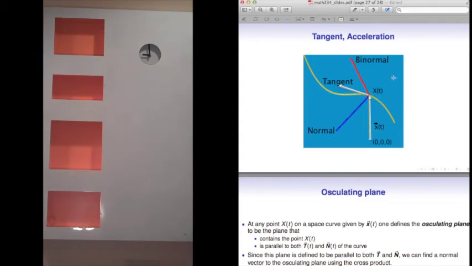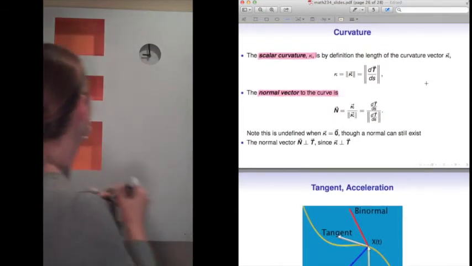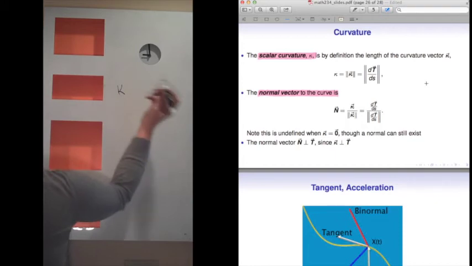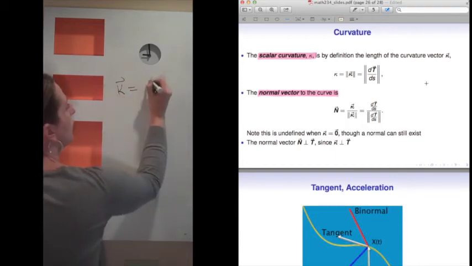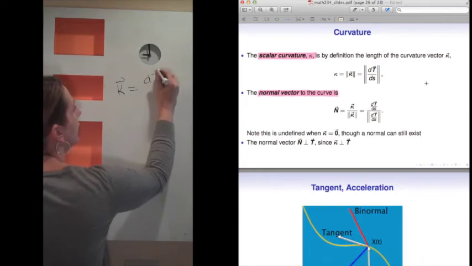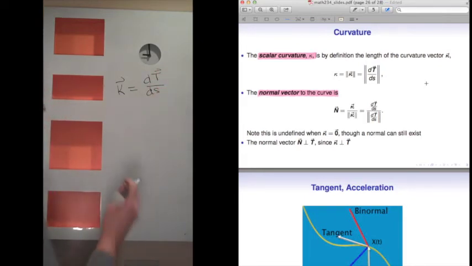Okay, so we take again the derivative of this tangent vector. So kappa is the derivative of this tangent vector with respect to arc length.